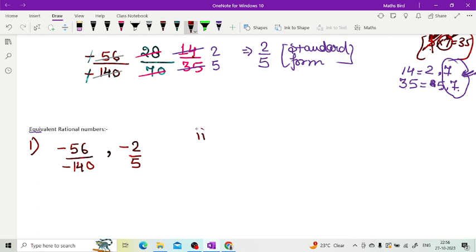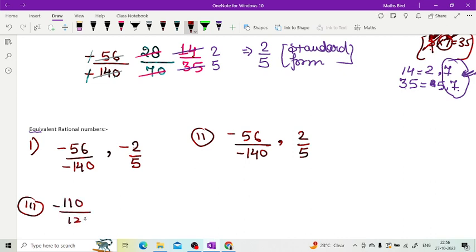Suppose the first question is this one. The second question is minus 56 upon 140, comma, 2 by 5. In the third question, both are not the same. Here minus 2 by 5, here I wrote 2 by 5. The third is 110 upon 121 and 10 upon 11.